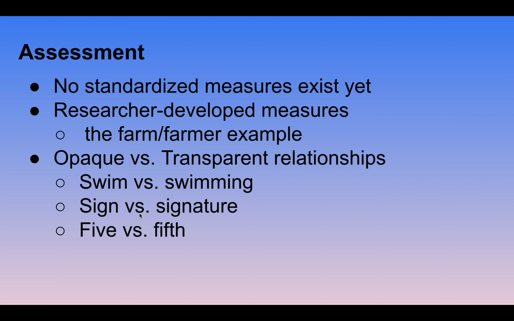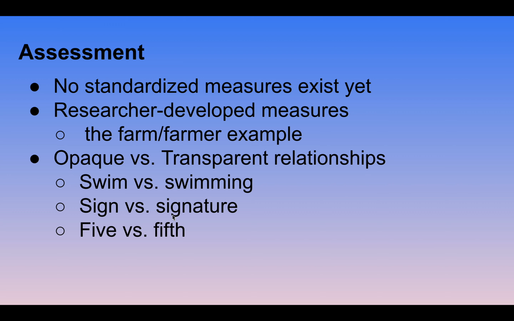An opaque relationship is when the sound and or the spelling shifts. An example of an opaque relationship is sign and signature. Here in this example, the spelling of the word sign is retained, but the sound has changed.